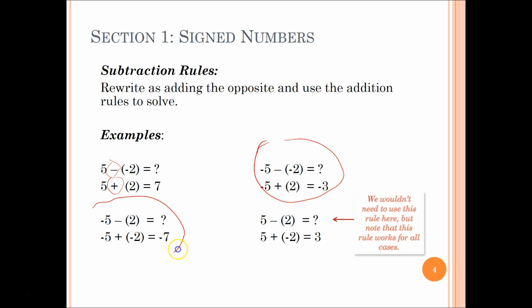Now, looking here, you can also see that when we have subtracting a positive, it's always the same thing as adding a negative. So in this case, we have -5 minus 2, which is really the same thing as -5 plus -2. Same signs here, which means we can add up these magnitudes. 5 plus 2 is 7, and keep that sign. So our answer here is -7.